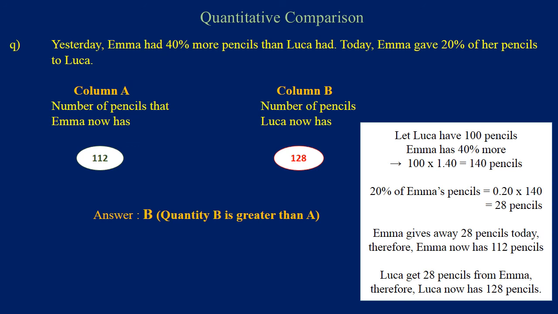And Luca, if he gets 28 pencils from Emma, then Luca will have 100 plus 28, which is equal to 128 pencils. This means that the number of pencils that Emma now has is 112, and the number of pencils that Luca now has is 128. So obviously 128 is greater than 112, and therefore our answer would be B, which means quantity B is greater than A, right?